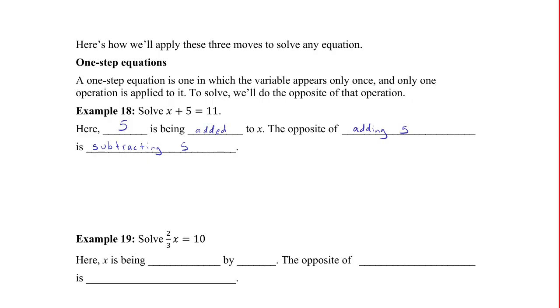And now, first I'm going to show you all the details of what that looks like. And then I'm going to show you a shortcut way of writing that. So we start with x plus 5 equals 11. And now on each side of the equation, we're going to subtract 5.